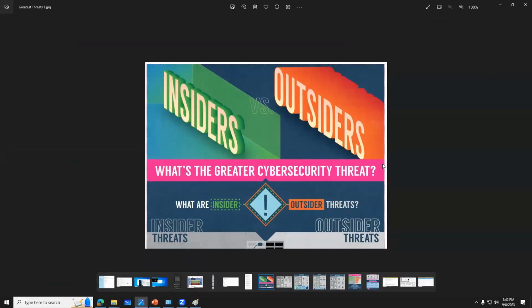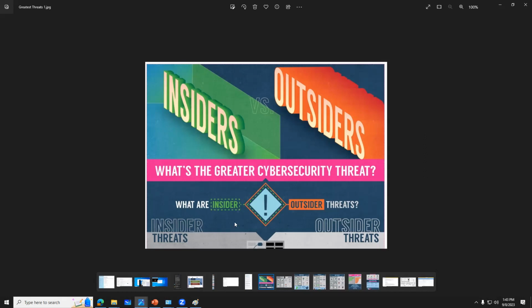So here's just a series of graphics, insider versus outside. For insiders, remember that it's, I know better, but I'm going to break the rules anyway. That's the number 1 greatest problem for insiders. And the second greatest problem for insiders is I don't know better, right? I'm not trained.